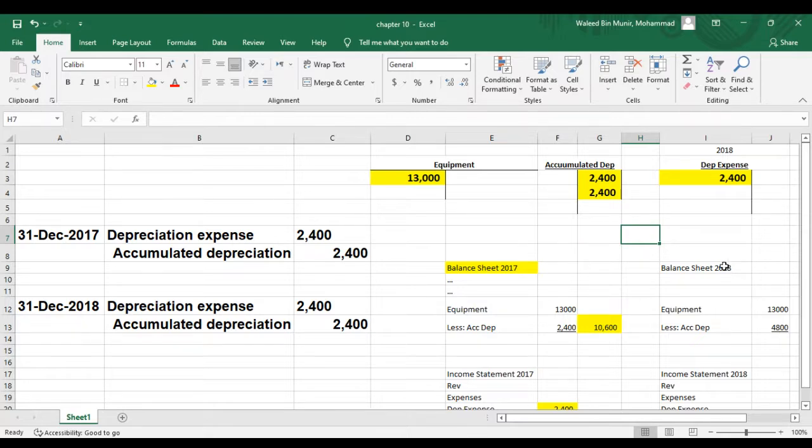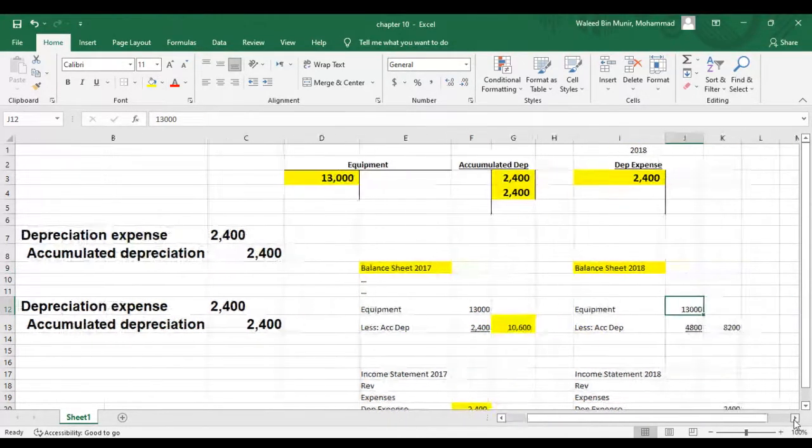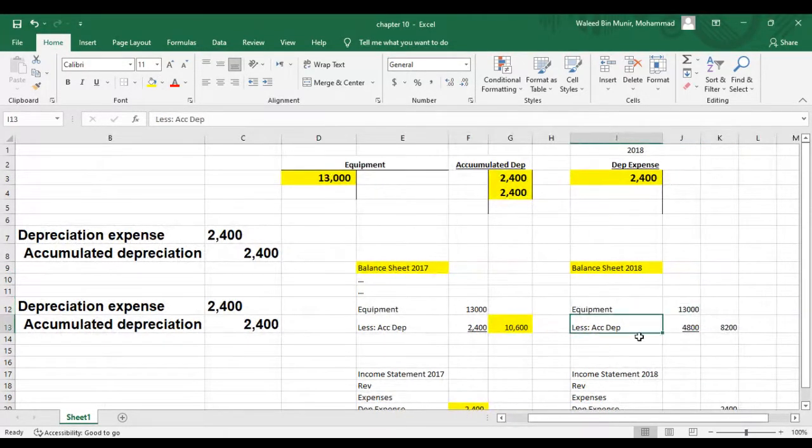So when I prepare my balance sheet for 2018, you can see here on the right side, equipment cost is the same, 13,000, minus accumulated depreciation 4,800. Now this is the value of my asset. 13,000 minus 4,800 is 8,200. This will be shown in the balance sheet.